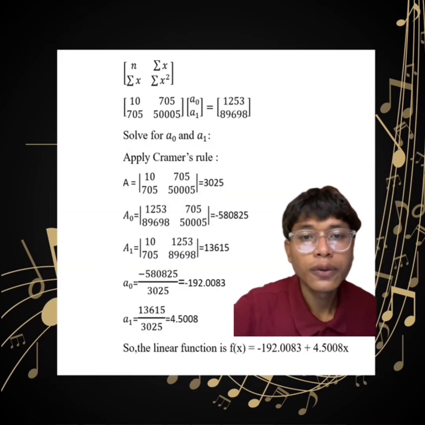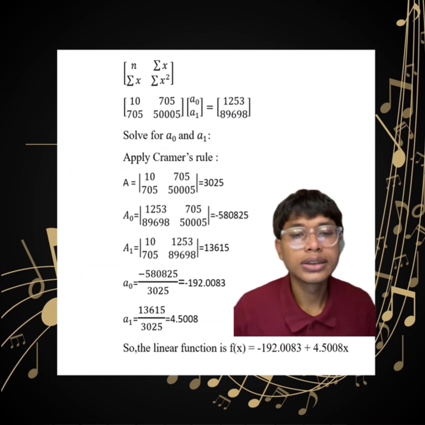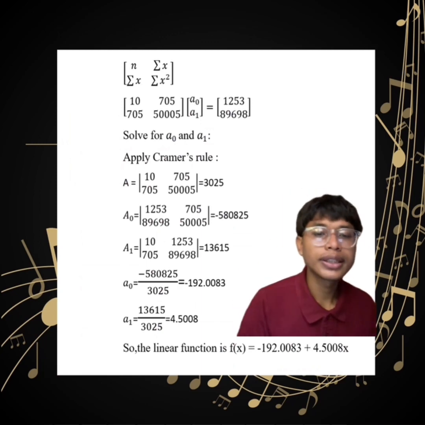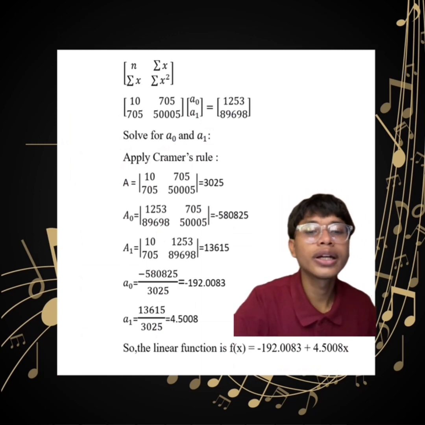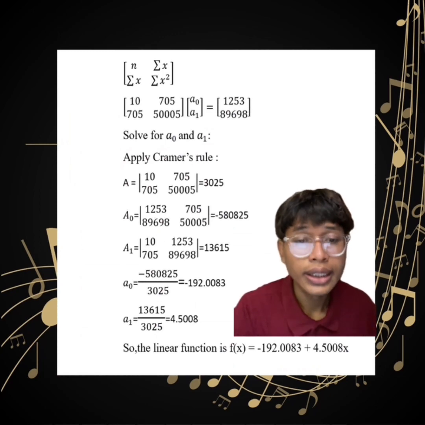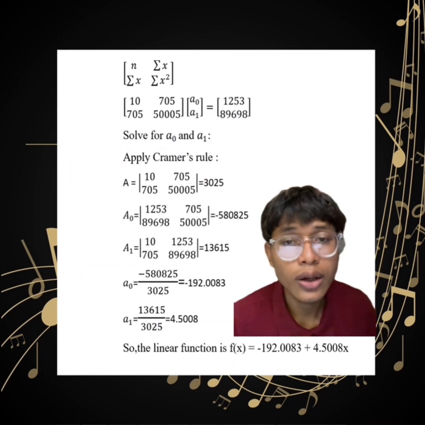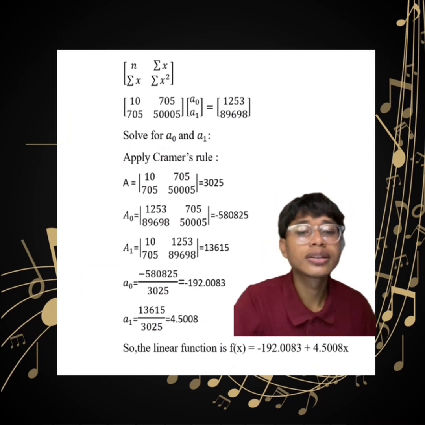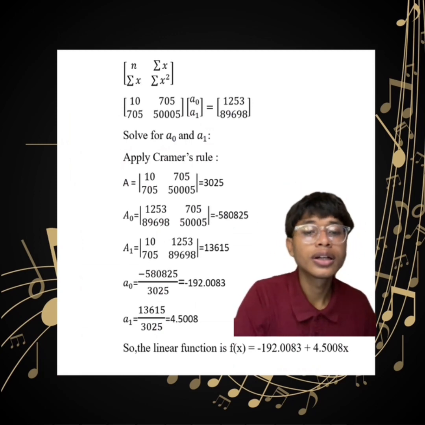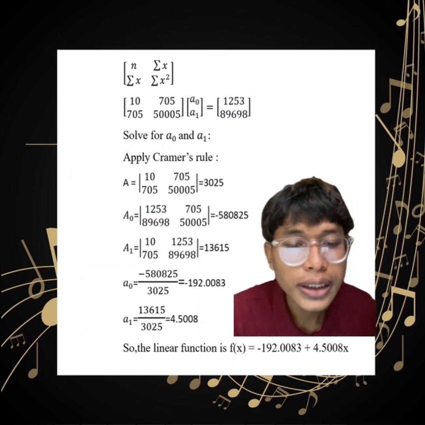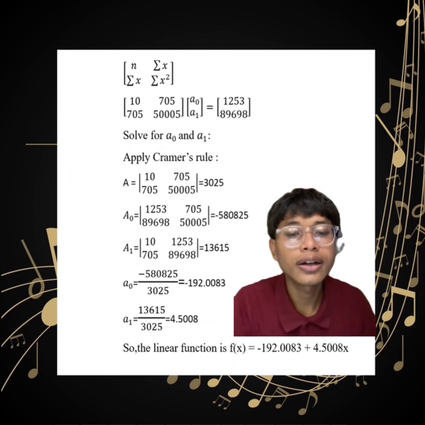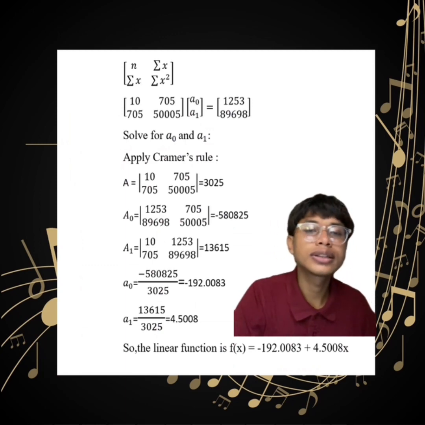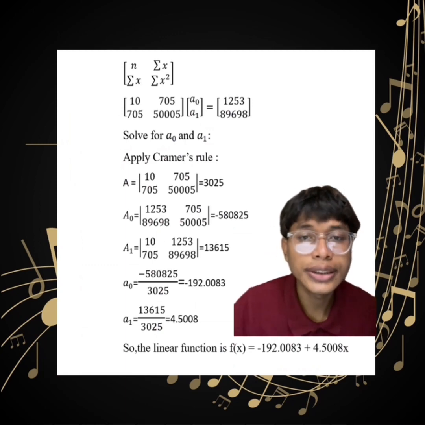Here is the matrix, and to solve for a0 and a1, we apply Cramer's rule. After using Cramer's rule, we get a0 is negative 580825 over 3025, and the answer is negative 192.0083.